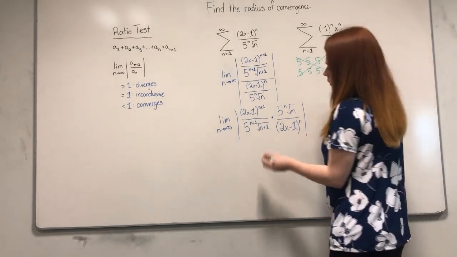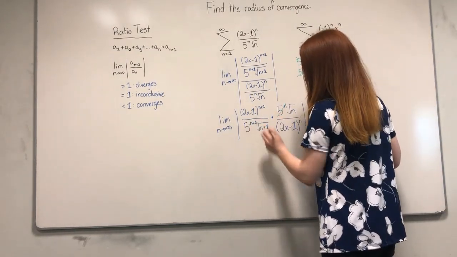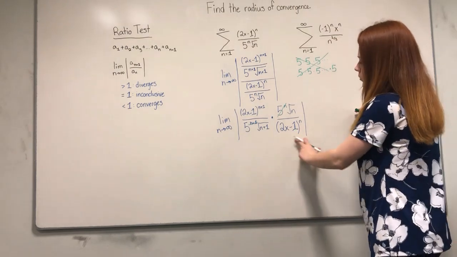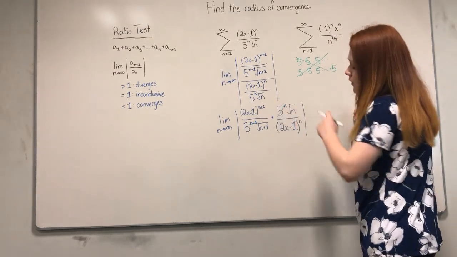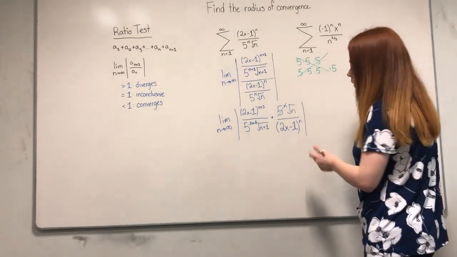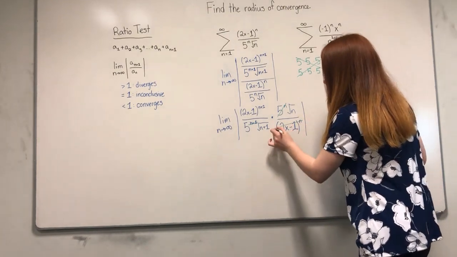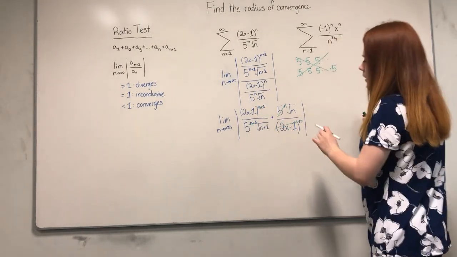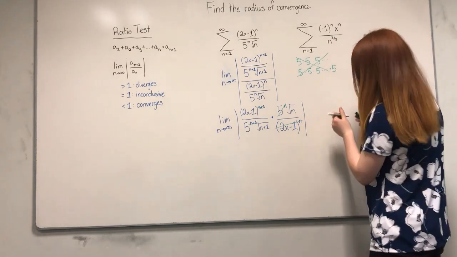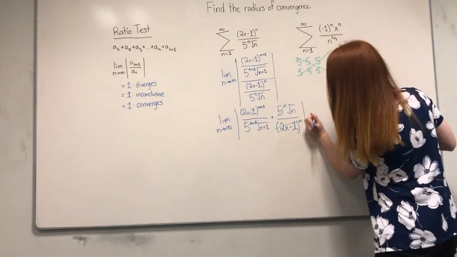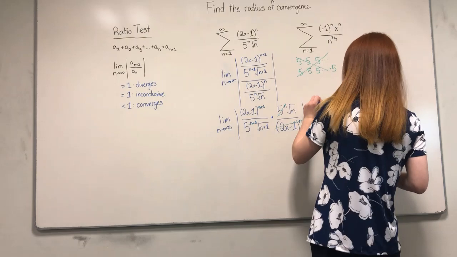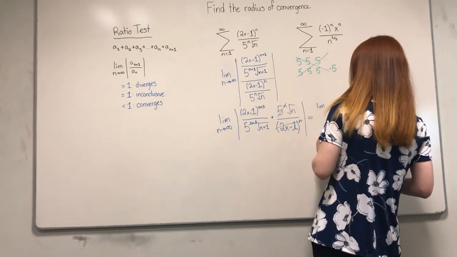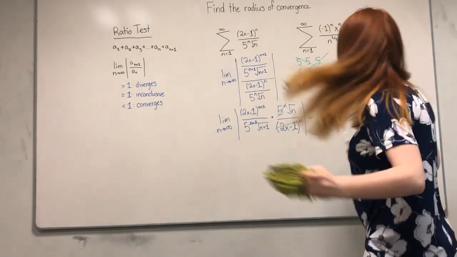So we can cross this out and this out. Same thing goes here, of the 2x minus 1, all these things multiplied by each other. So we can cancel this out and this out. And what does this give us? I'll write that larger for you.